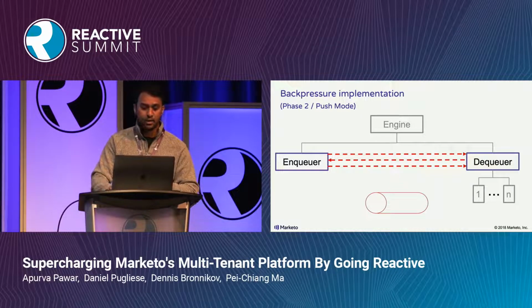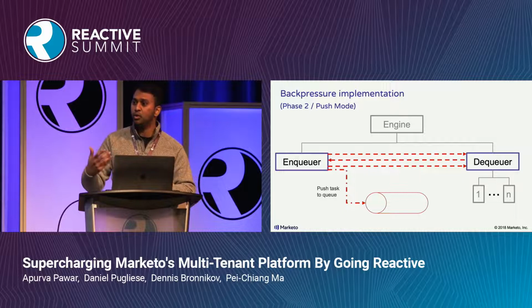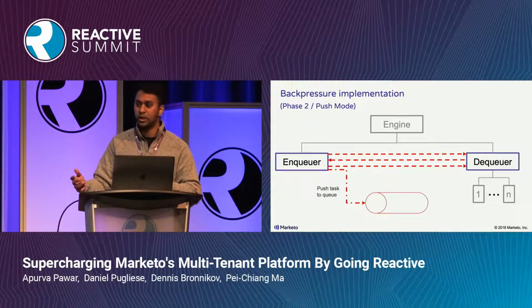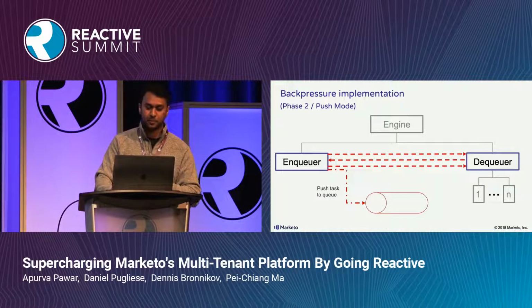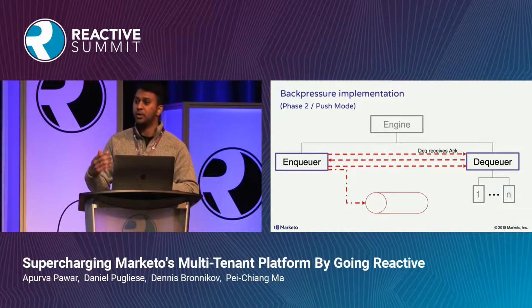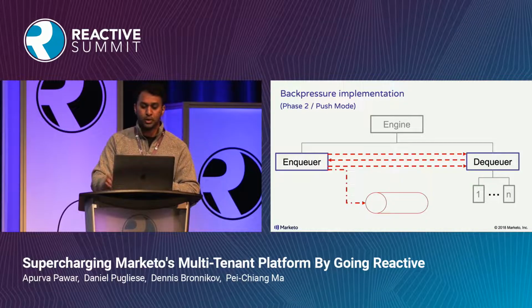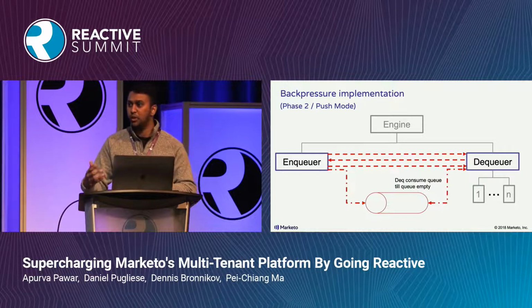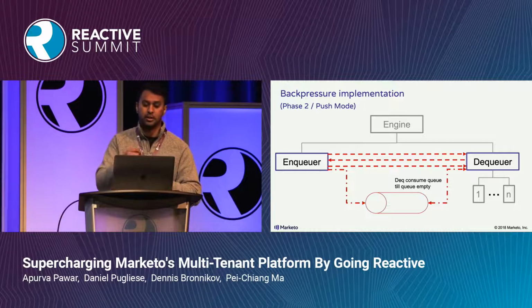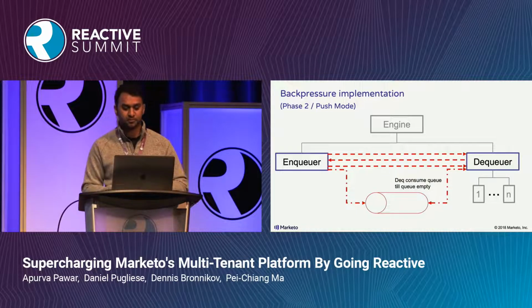At the same time, once the enqueuer goes to pull mode, it starts pushing tasks to the queue instead. Once the dequeuer receives the acknowledgement from the enqueuer, the dequeuer would also move to pull mode and consume the task from the queue until it has exhausted the queue.